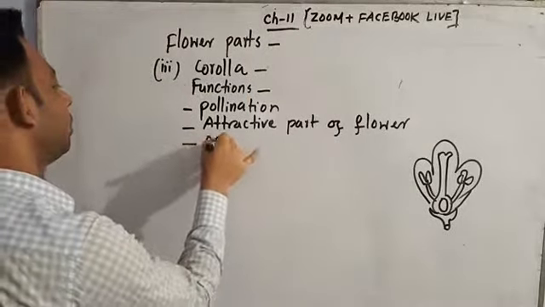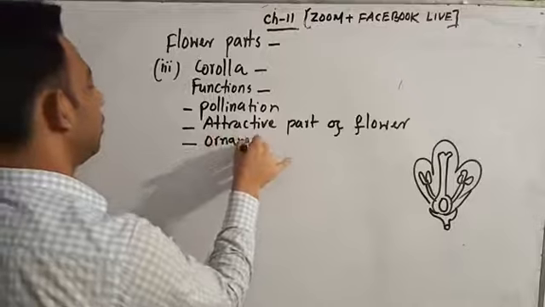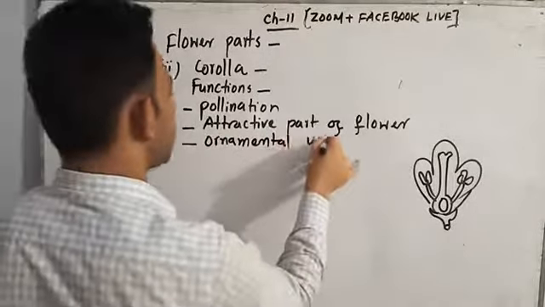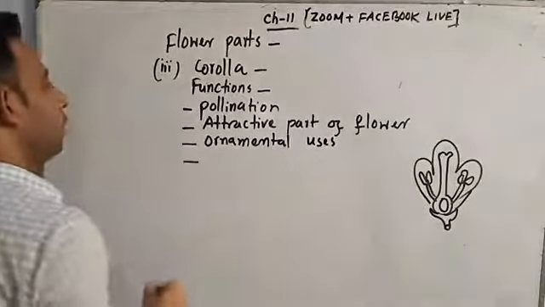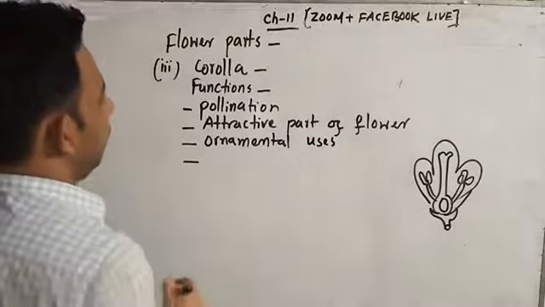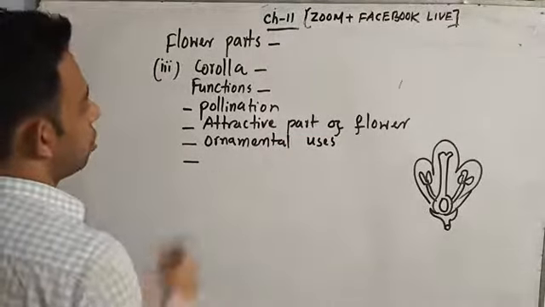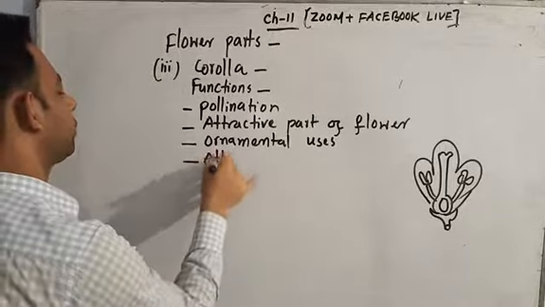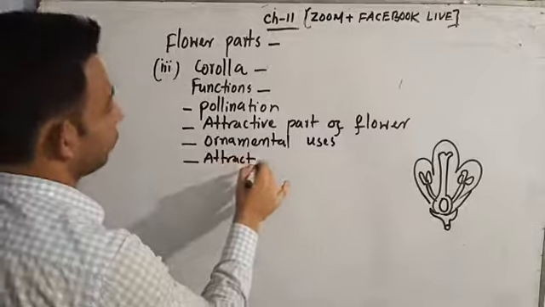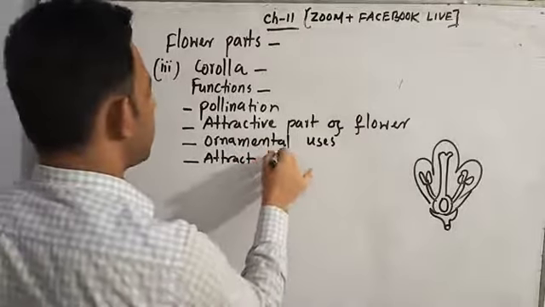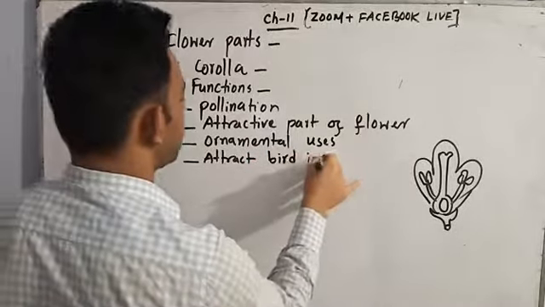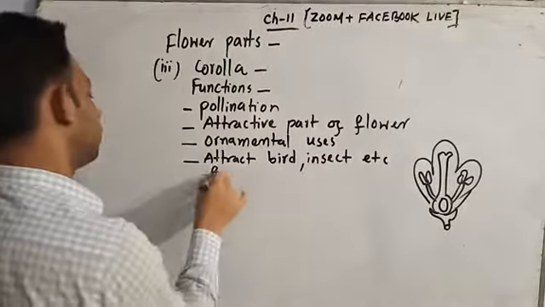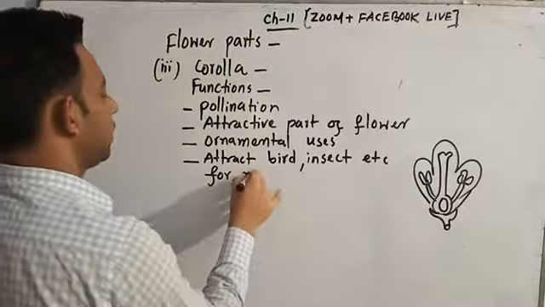Ornamental uses. Then we can write about attracting birds, insects, etc., for nectar.